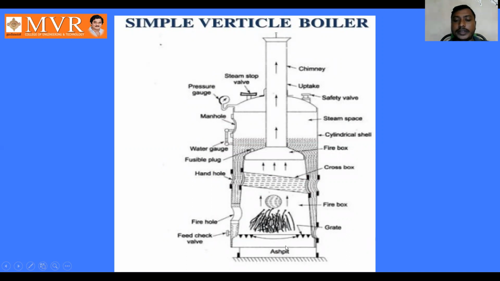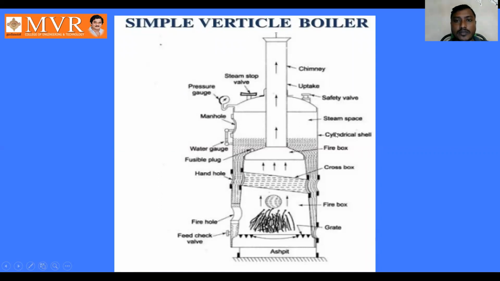Here we have the ash pit, the feed check valve, the fire hole, the grate, the firebox, hand hole, fusible plug, water gauge, manhole, pressure gauge, steam stop valve, chimney, uptake, safety valve, steam space, cylindrical shell, firebox, cross box, firebox, grate.